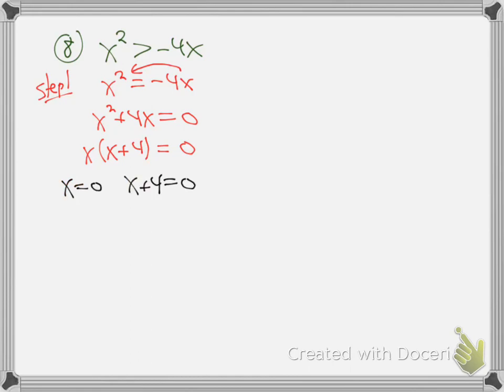Right? Because if two things multiply to equal 0, either one could be 0. This one's done. The other one, jump it over, -4. So we got two answers, 0 and -4. Zero and -4. We good?